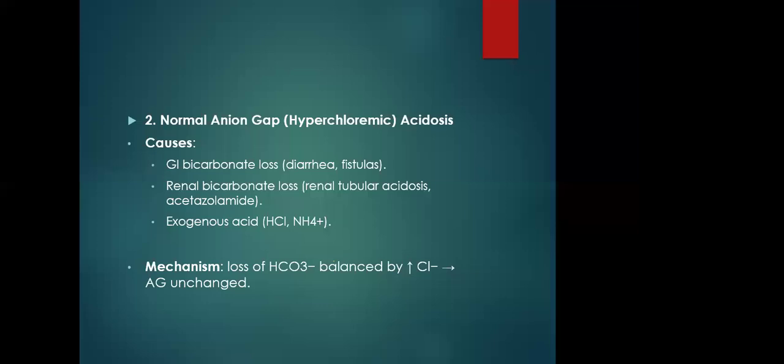Now you can have normal anion gap, hyperchloremic acidosis, and the causes can be GI bicarbonate loss like in diarrhea and fistulas, or renal bicarbonate loss like renal tubular acidosis, or patients taking acetazolamide. And also you can have exogenous acids like HCl and also ammonium.